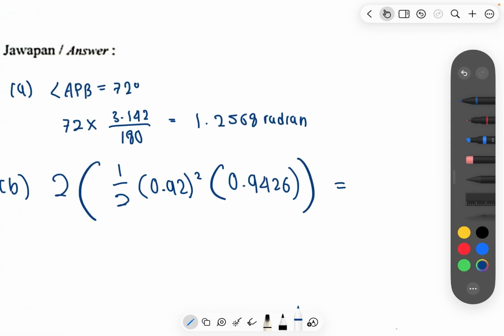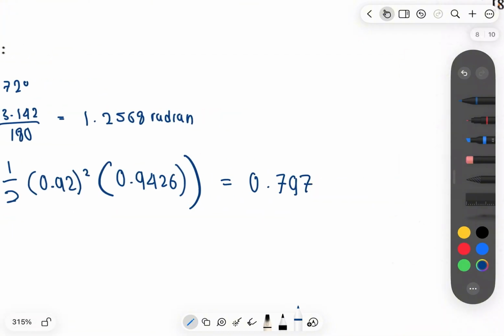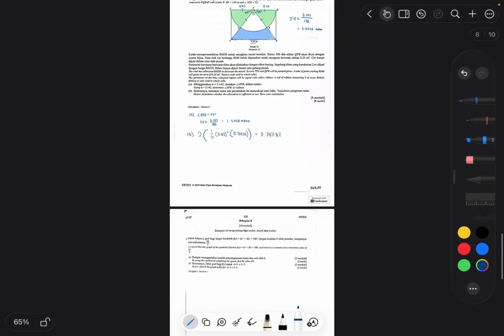Then we get 2 times 1 over 2 times 0.92 squared times 0.9426. Hopefully I pressed everything correctly on my calculator. So 0.79782. I'll choose until that.